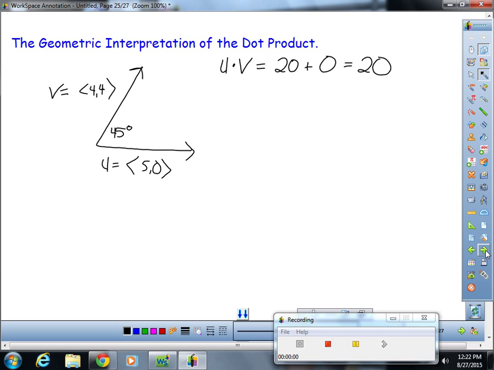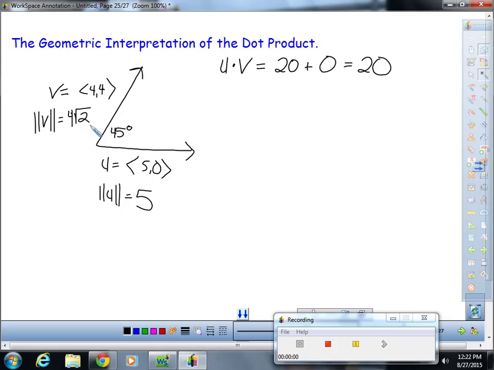Well, using the magnitude of the vectors, we can learn even more about that. So the magnitude of u there is 5. The magnitude of v, let's see, that's going to be the square root of 4 squared plus 4 squared. So that's going to be 4 radical 2.